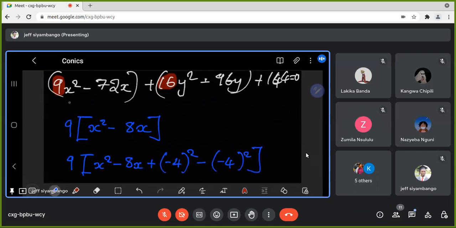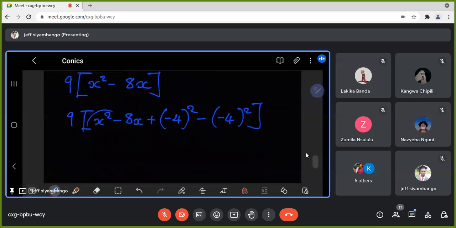Again, I'm just focusing on this part. Then next, this term and this term give x minus 4, squared. Then this is minus here. Then the 4 squared is 16.